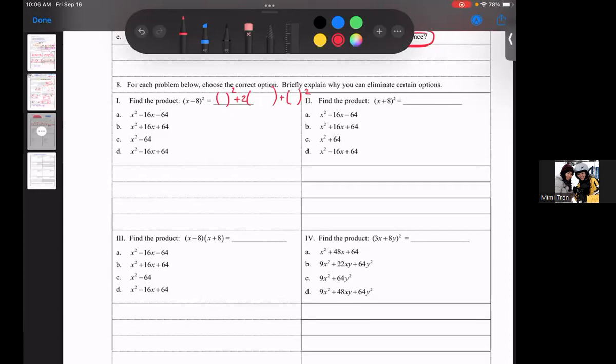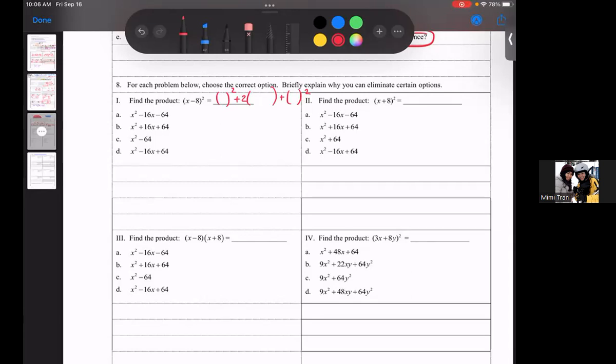Let me show you. If I have negative 8, no parentheses, and then square, this is the same thing as negative 1 times 8 squared, which is negative 1 times 64, which is negative 64.